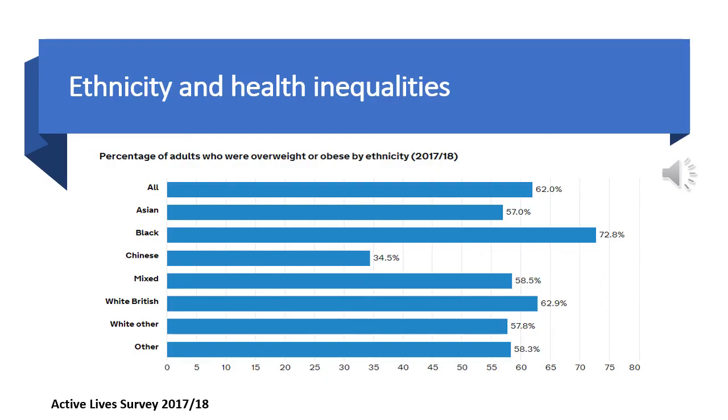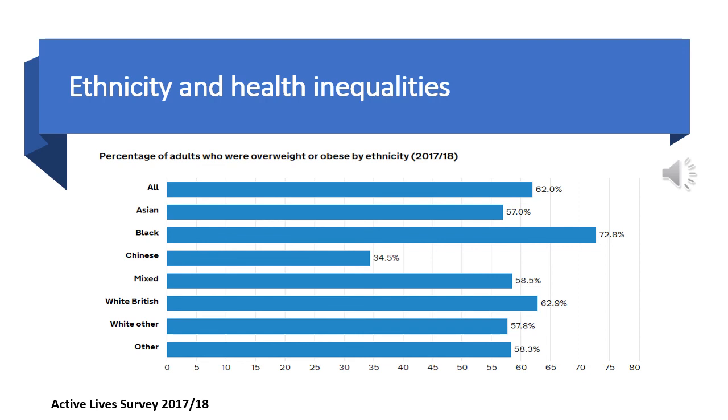So far we have covered age and gender, and now let's look at ethnicity and its association with health inequalities. This is a survey that looked at the prevalence of overweight and obesity by ethnicity.